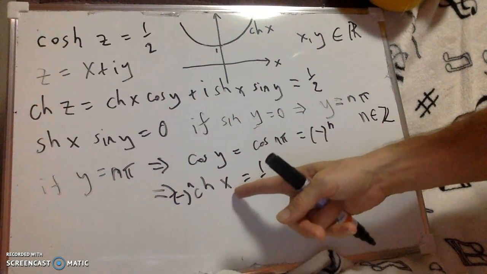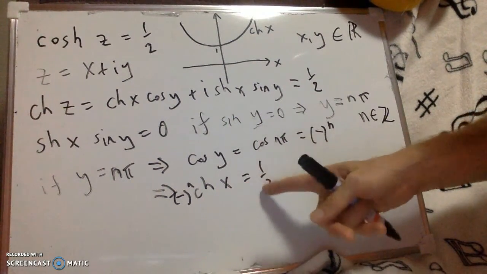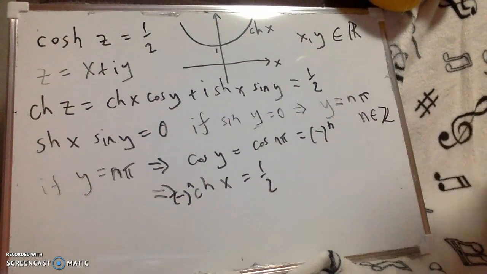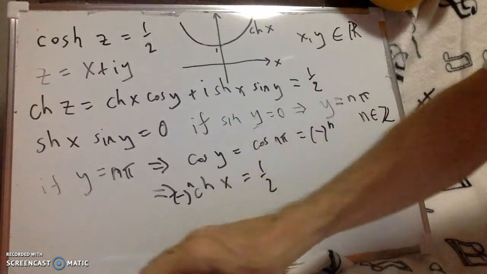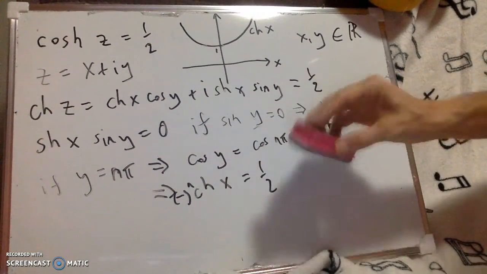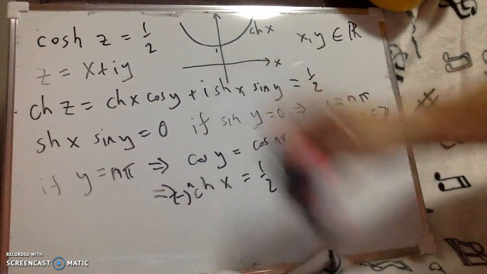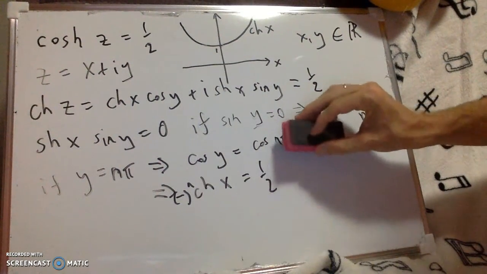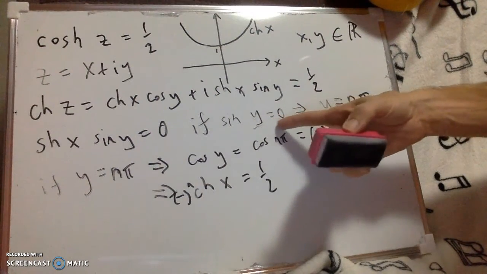This is saying we want to find x such that cosh x equals either 1/2 or minus 1/2. That's not going to happen. So this is a dead end. I'm going to rub this out, you wouldn't normally do that, but I'm running out of space, and say that sin y is not 0.